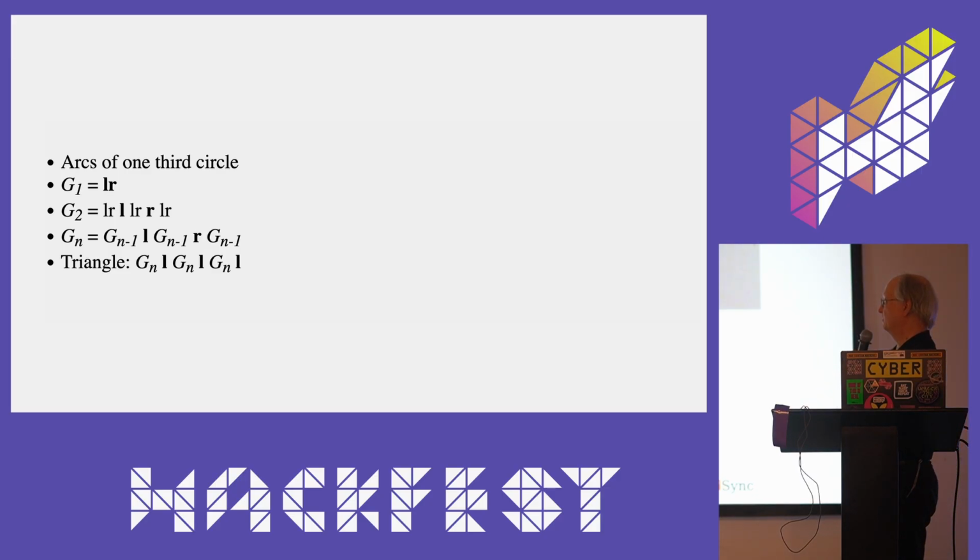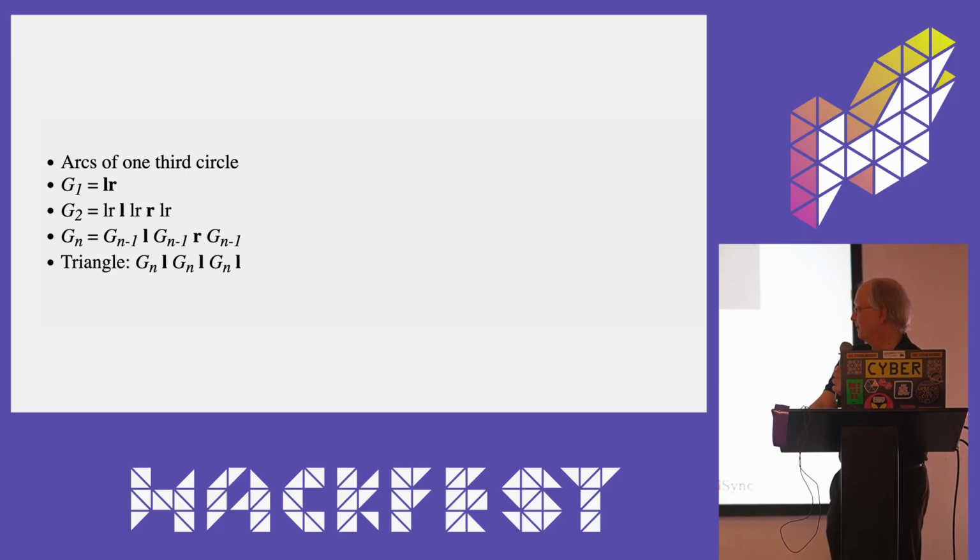The most simple fractal, called G1, is just an L turn followed by an R turn. One step more complicated, you put the LR in between two LRs, so you get LR, L, LR, R, LR. If you continue with this, it goes further and further.